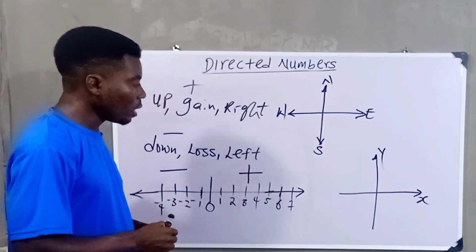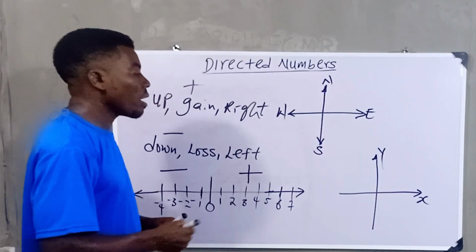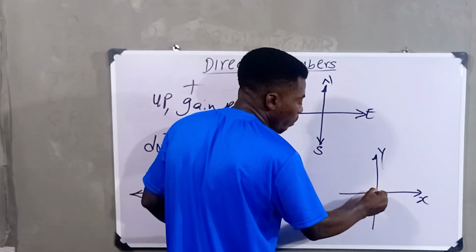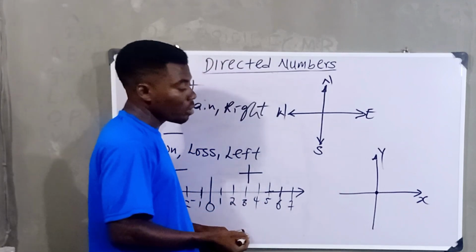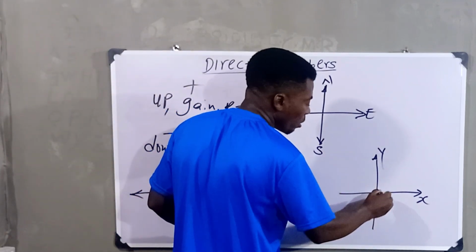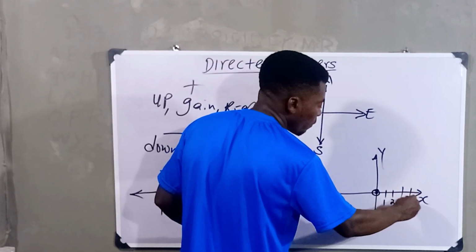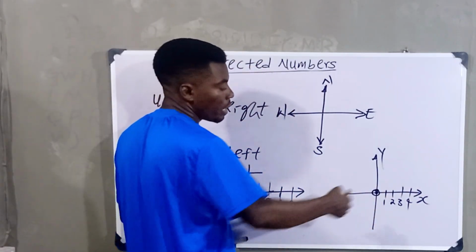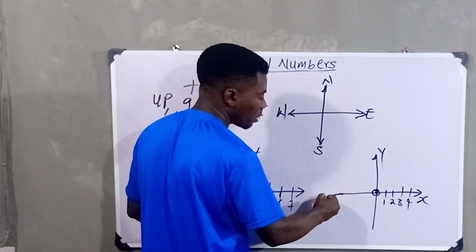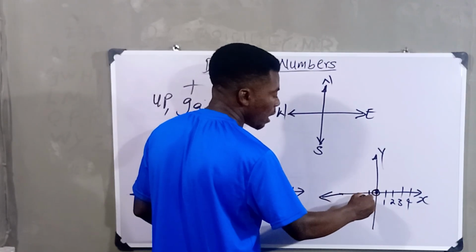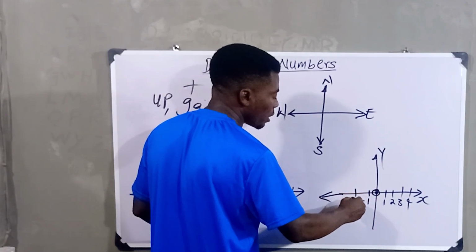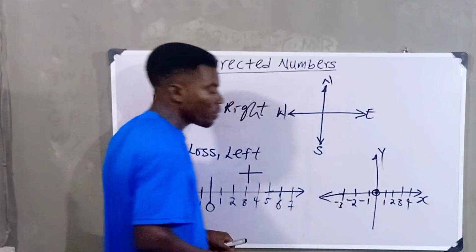So in our graph, this is the point of origin, and that is 0. So here is 0, then here is 1, let's say here is 2, 3, 4, and so on. Then towards the left, we have -1, -2, -3.